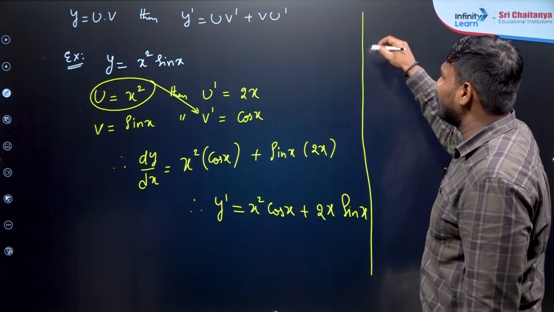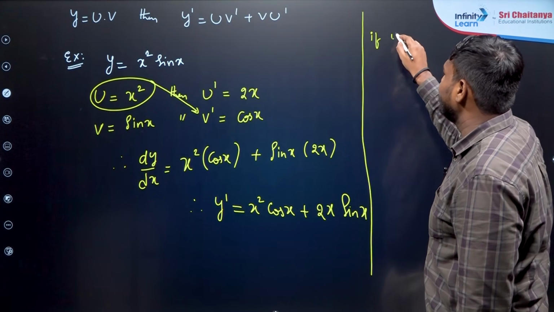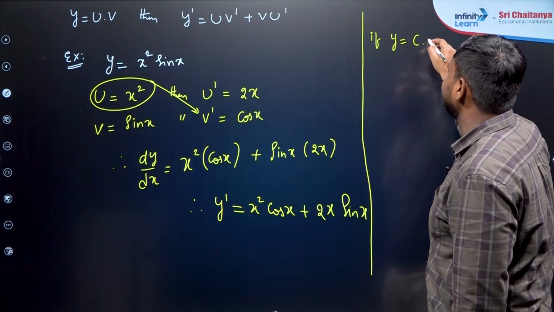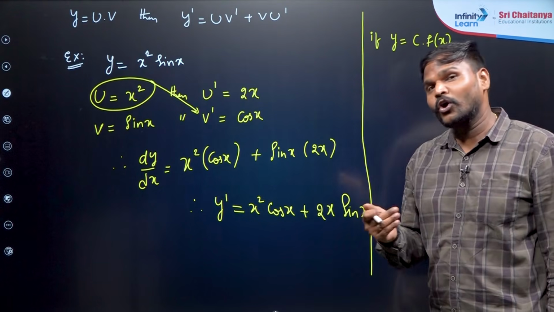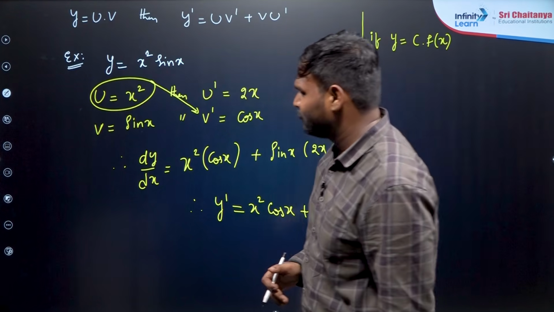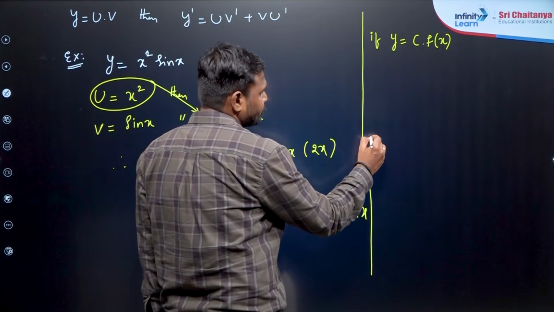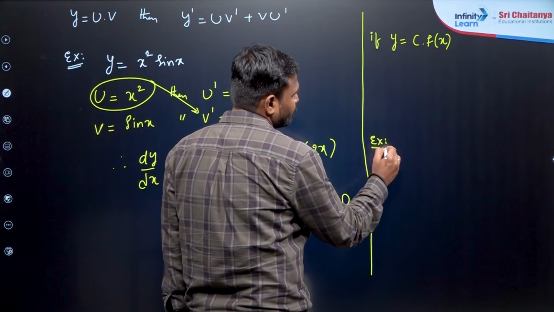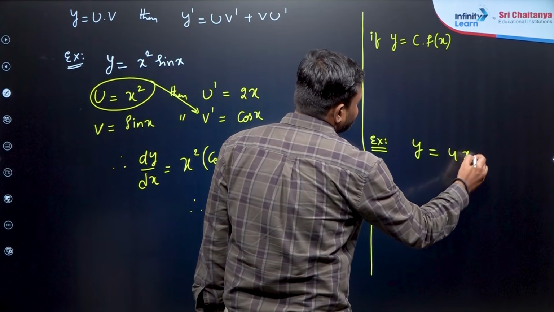Currently, let us focus on another formula. If y is equal to a constant multiplied by a function, for example 4x cube.